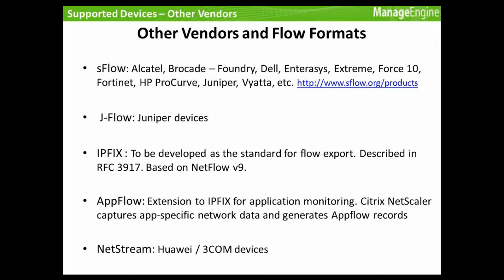And AppFlow is actually an extension to IPFIX, which is specifically for application monitoring. What happens is application-specific data is captured from a network, and you need an appliance for that. And right now, only Citrix NetScaler is capable of that. So Citrix NetScaler captures the app-specific network data and generates AppFlow records, which can then be exported to your flow analyzer software to generate your application-specific reports like round trip time, jitter, and latency for the application.